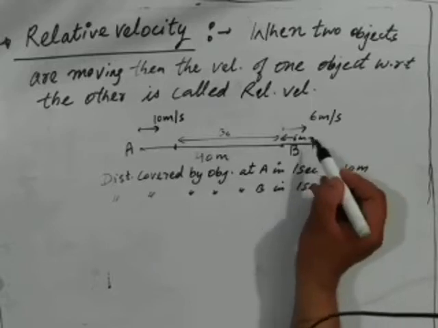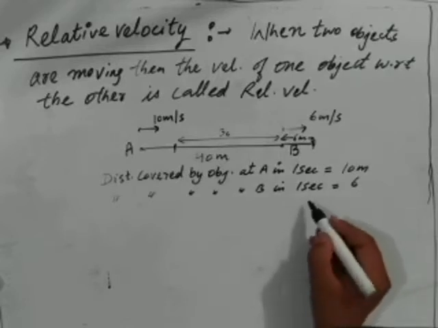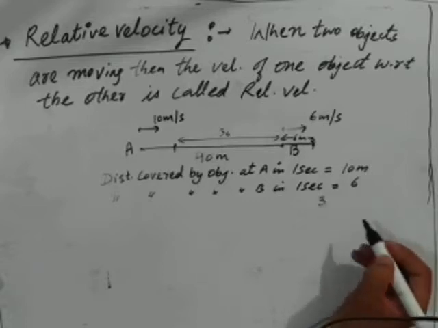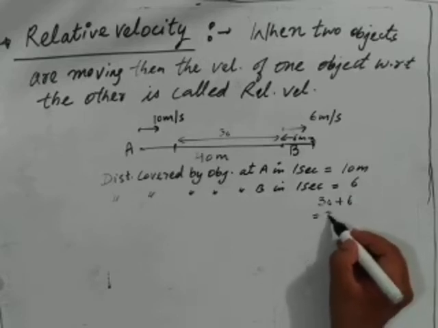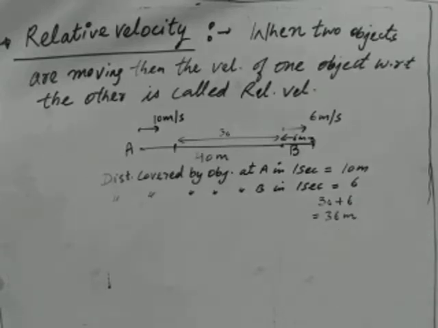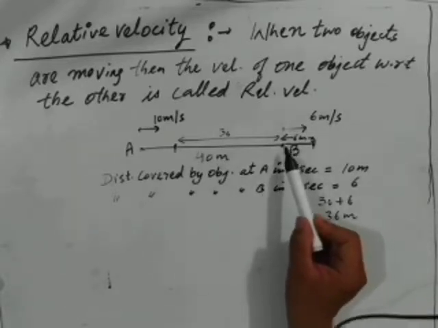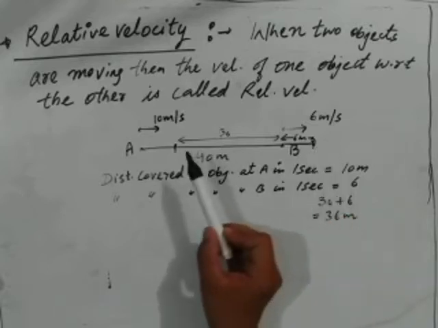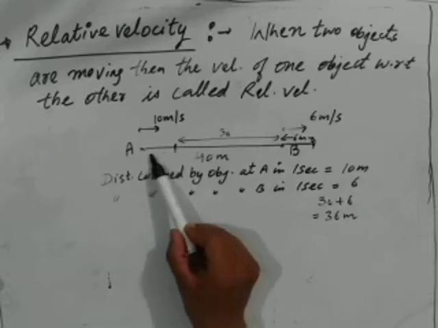Now the total gap between these 2 points, this point and this point, is 30 plus 6, that becomes 36 meters. You can calculate either way, that when the object goes from B to this point, the total gap becomes 40 plus 6 becomes 46, and at the same time the object at A has reached this point, covering a distance of 10 meters.